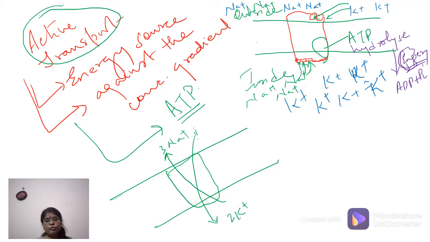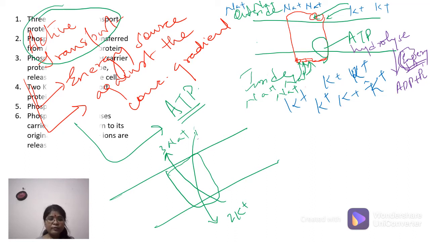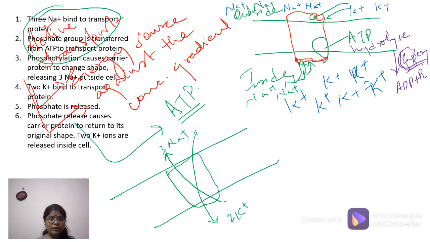That's how they are acting. Very briefly, the three sodium molecules bind to your transport protein, then a phosphate group is transferred from ATP to the transporter protein. This phosphorylation causes the carrier protein to change shape, releasing three sodium outside, and two potassium bind to the transporter.